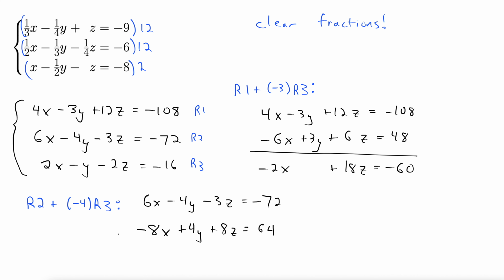Okay, add those up. We get negative 2x, the y's cancel by design, plus 5z equals negative 8.